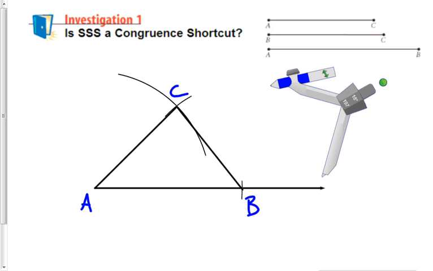If I change an angle of this triangle, that's going to change the side lengths. So given the three side lengths that I've been given, this is the only triangle that I can construct, which means if I have two triangles and the three sides of one triangle are congruent to the three sides of the other triangle, then I have enough information to conclude that the triangles are congruent.